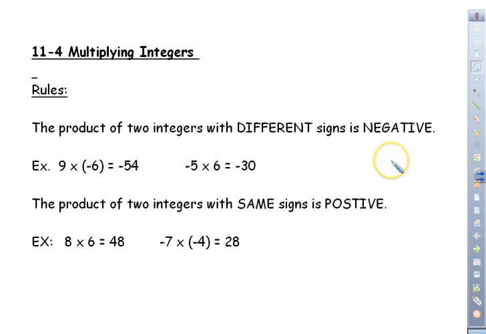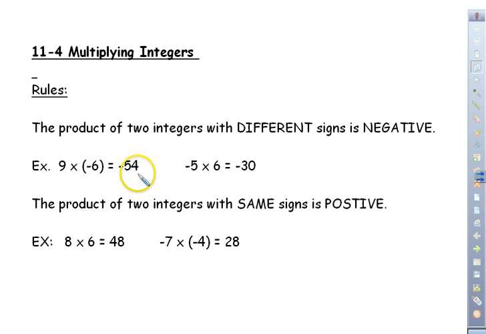All right, the rules for multiplying integers: the product of two integers with different signs is negative. For example, and again, product meaning multiply, so make certain that you are paying attention to that. 9 times a negative 6 equals a negative 54.